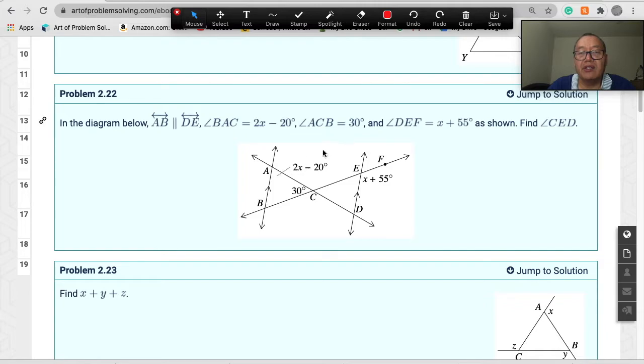And ACB equals 30 degrees. And angle DEF equals x plus 55 degrees. Then they ask you to find CED. They ask you to find this angle. CED equals what?